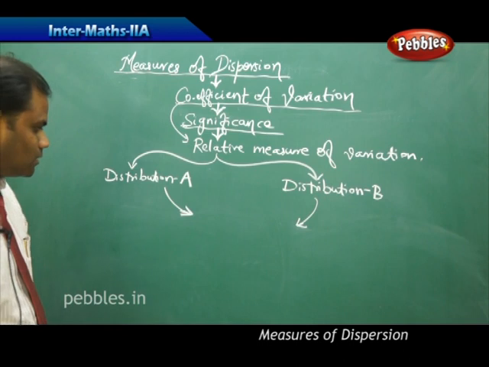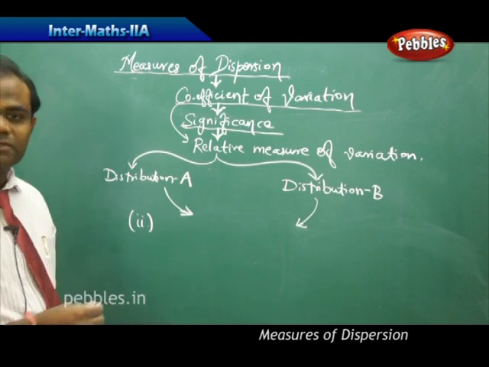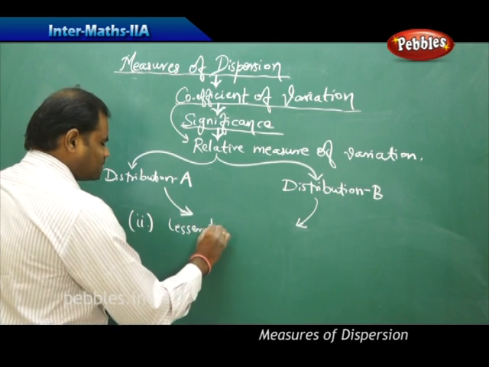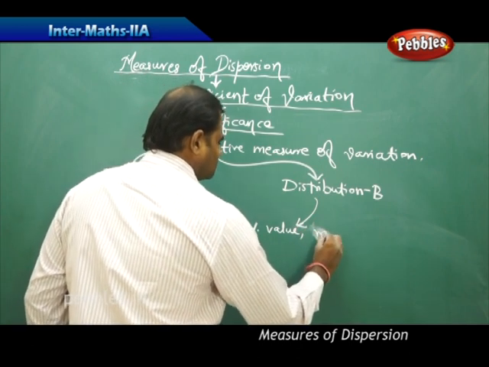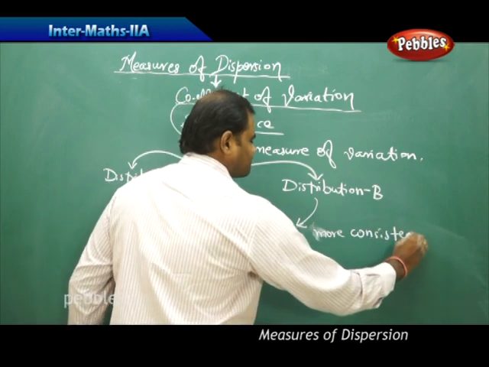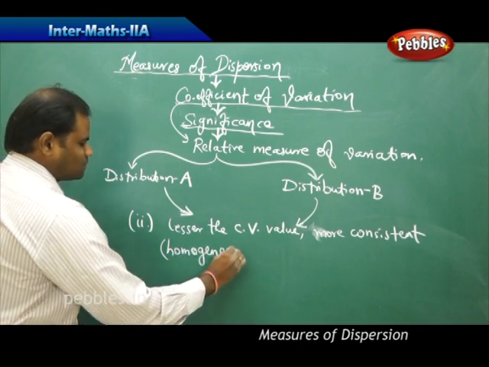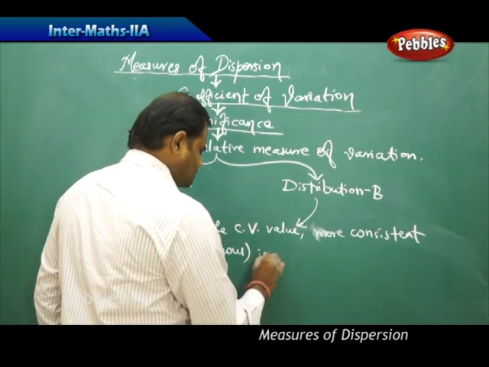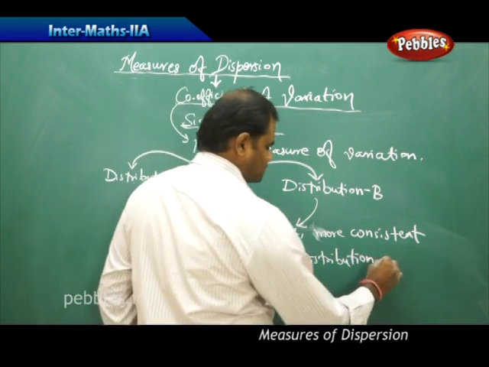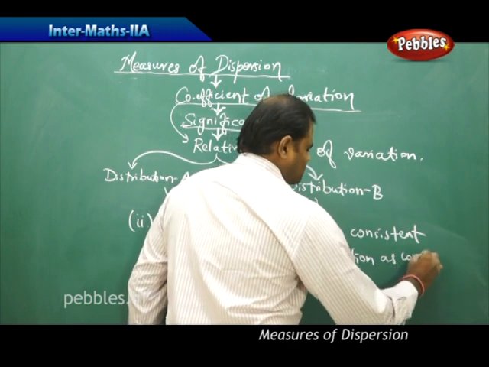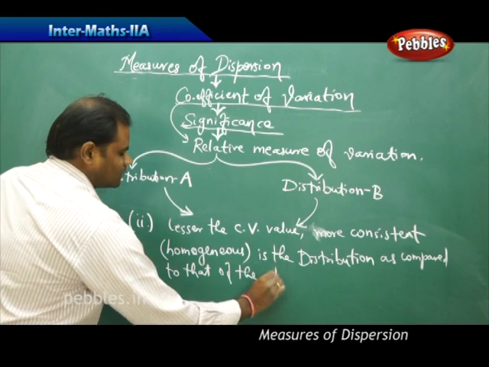So let's see the second property. With the first property done, the second property states that lesser the CV value, more consistent or homogeneous is the distribution as compared to the other.